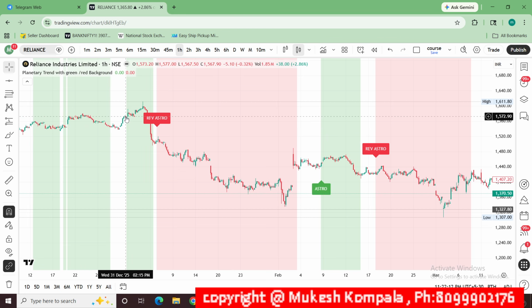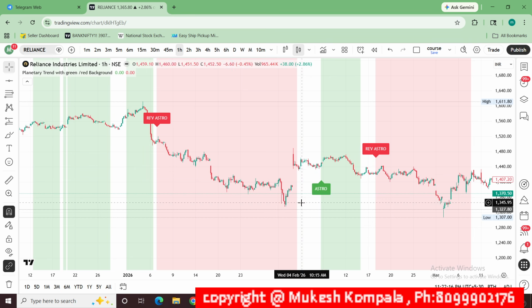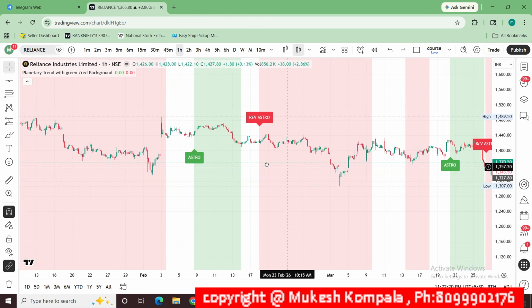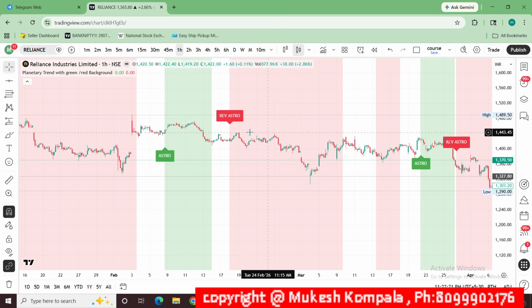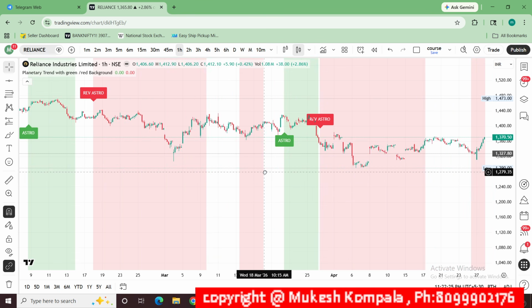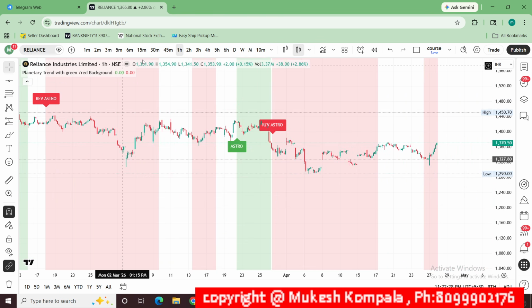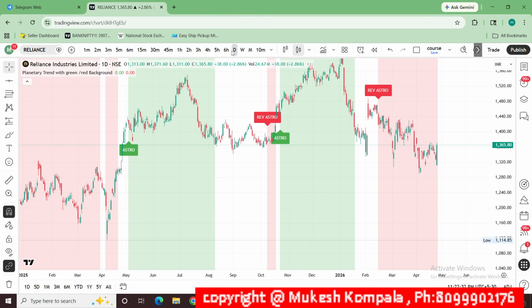Again you will enter it, because the white background should be the profit booking area, a no trade zone. You have to book profit on whatever position you have. That's what the indicator indicates.